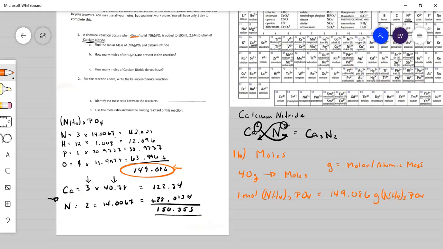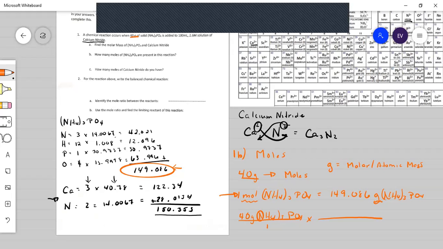So how do I use this as a conversion factor? First I've got to figure out how much I have. I have 40 grams of ammonium phosphate, and I'm going to put that over 1. Then I'm going to multiply by the conversion factor. This right here is your conversion factor. You notice it's a conversion factor because I have a mole unit and a grams unit.